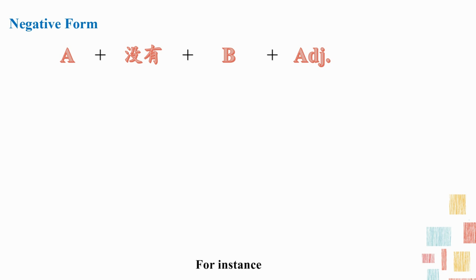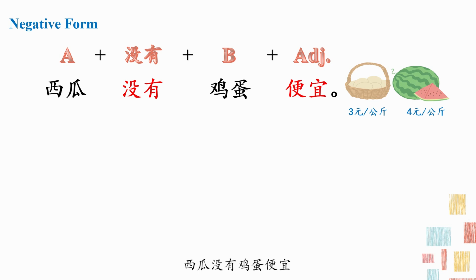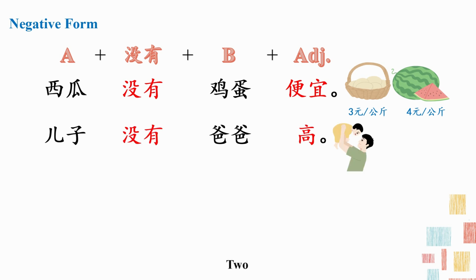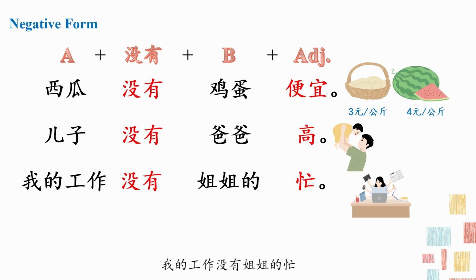For instance, 1. 西瓜没有鸡蛋便宜 The watermelon is not cheaper than the eggs. 2. 儿子没有爸爸高 The son is not taller than the father. 3. 我的工作没有姐姐的忙 My job is not busier than my sister's.